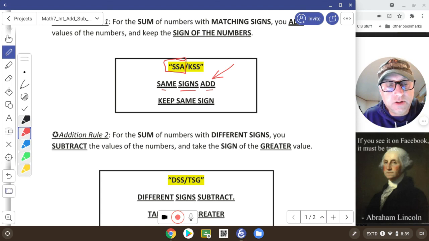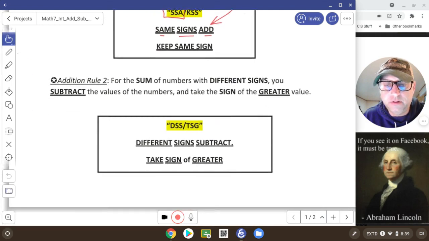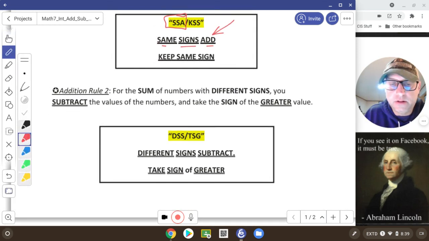If the signs are different, if they are opposite, when you're combining or finding the sum of numbers with different signs, it's a subtraction. So DSS: different signs, subtract. And then you take the sign of the greater.